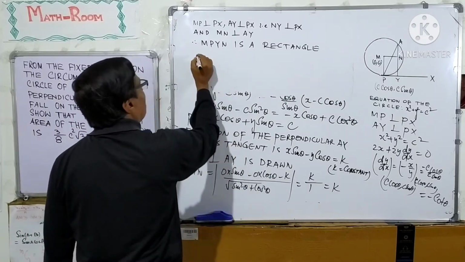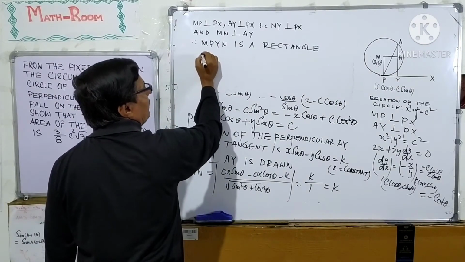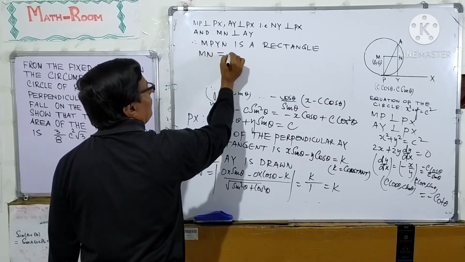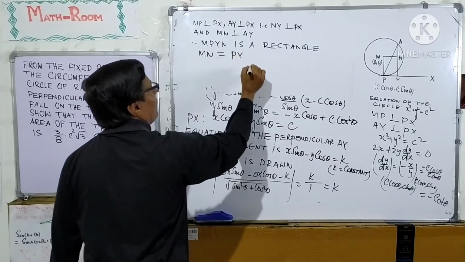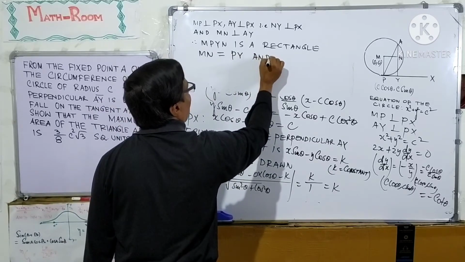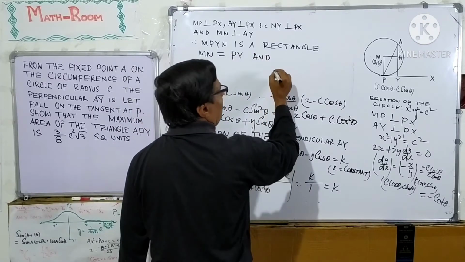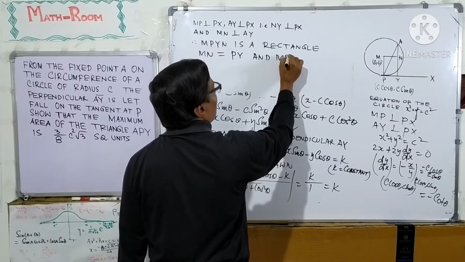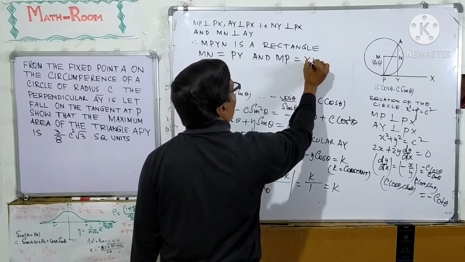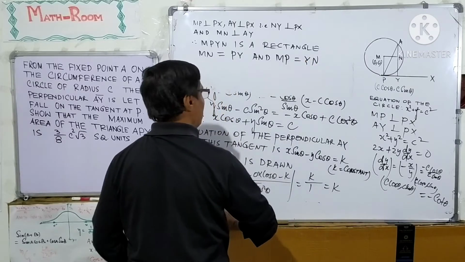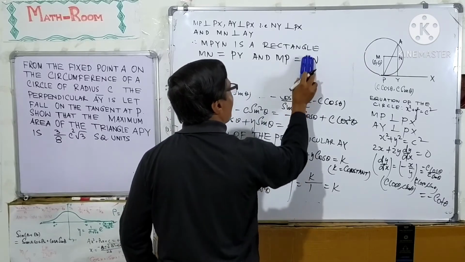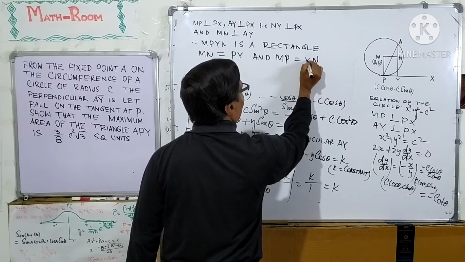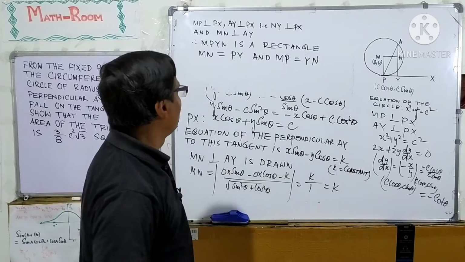So, we can write MN equal to PY, and also MP equal to YN.